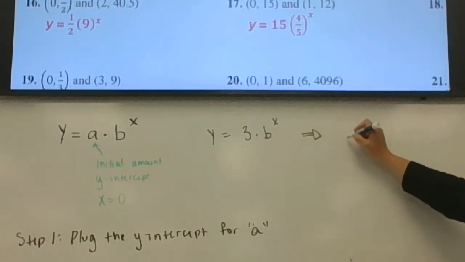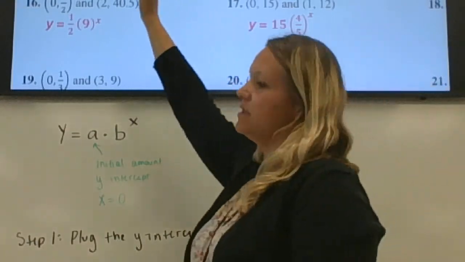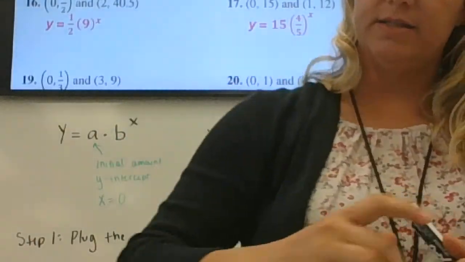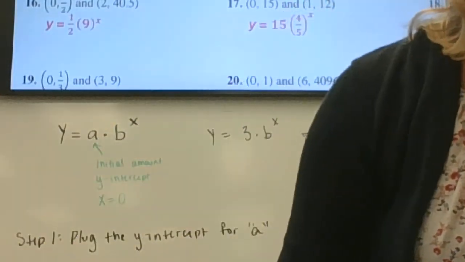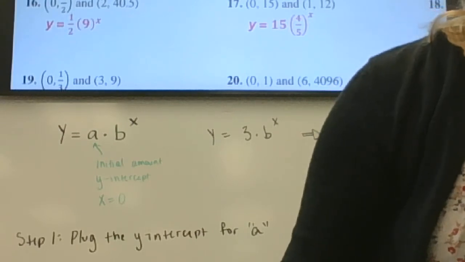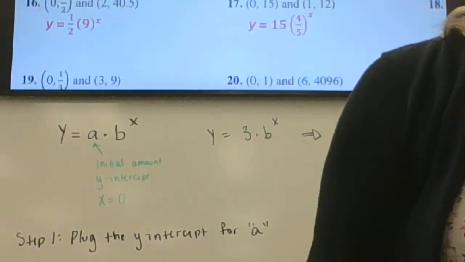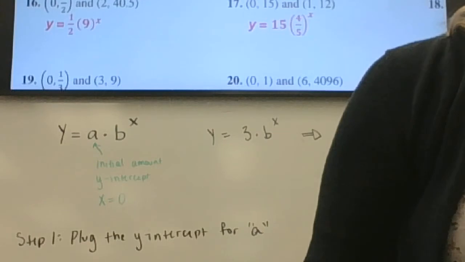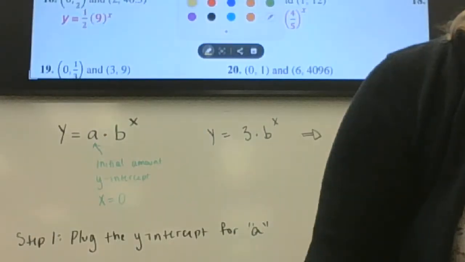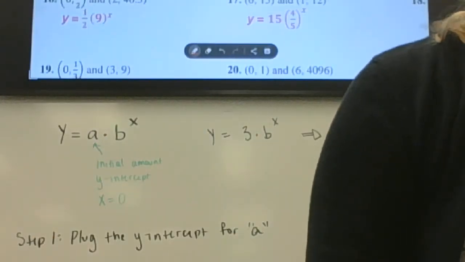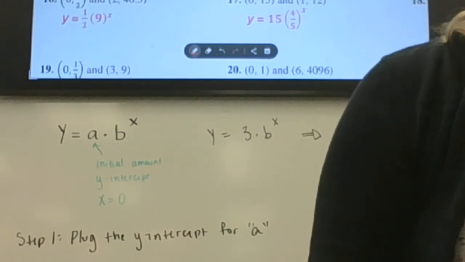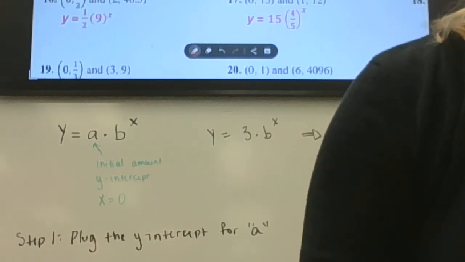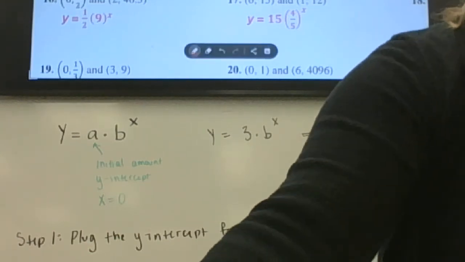So moving forward to step 2. This is our second point. Y is 375. I'll label this for you. That's a. That goes in the x spot and that goes in the y spot.